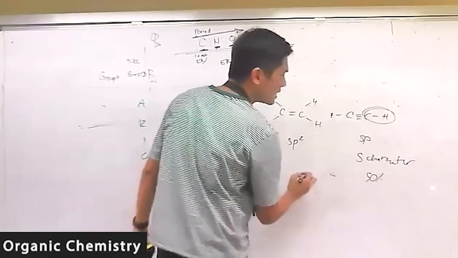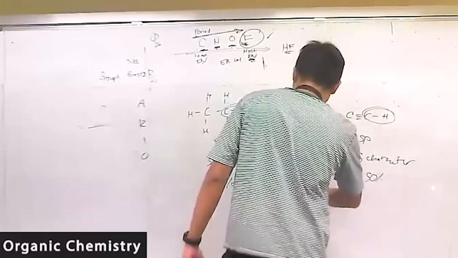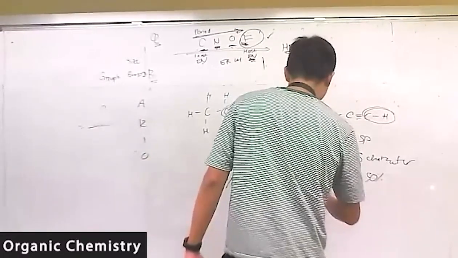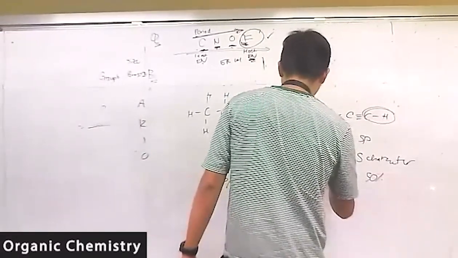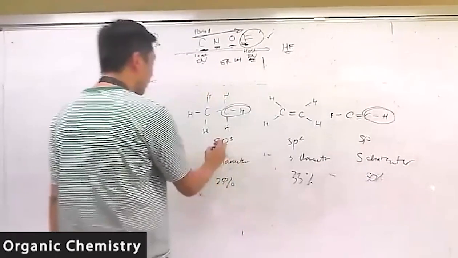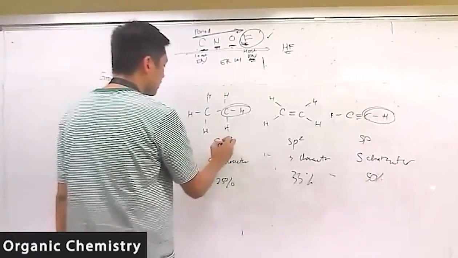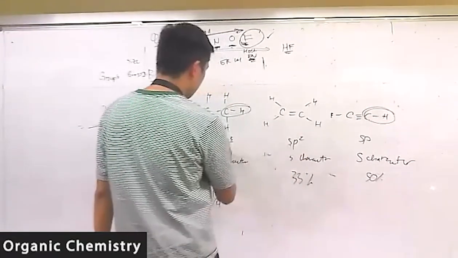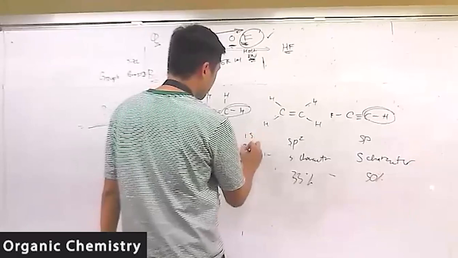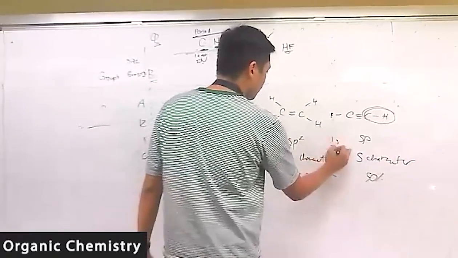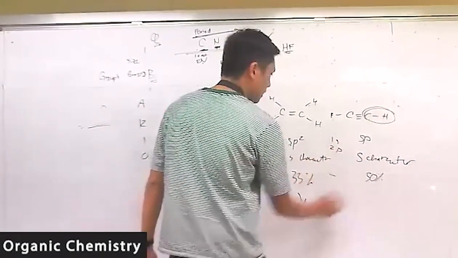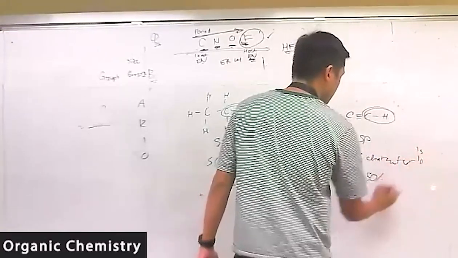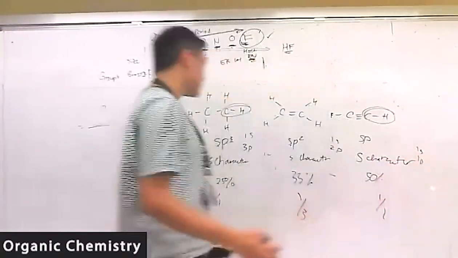Here it is 33% S character. How did I get this? Since you have 1 S and 3 P's, 1, 2, 3, 4, this is 1/4, 1S and 3P. You have 1S here and 2P. This is 1/3. And you have 1S here and 1P. This is a half.